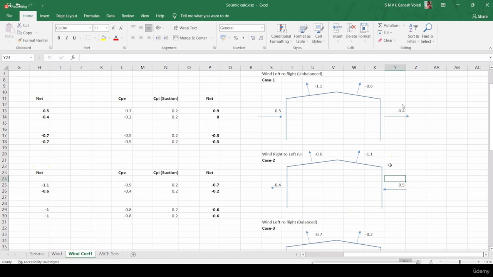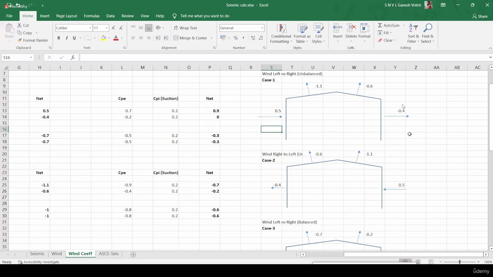But in STAAD, while you are applying, STAAD will always be positive towards the right side in the x-axis, positive towards the upper side in the y-axis, and in the z-axis, positive projecting outwards of the screen.